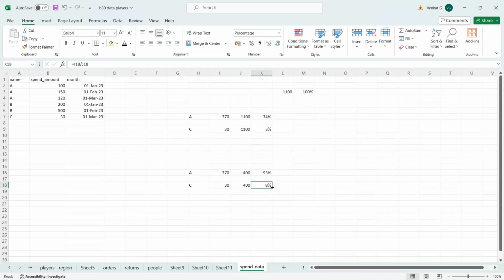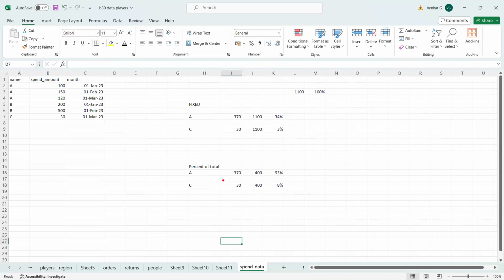So based on the requirement, we have to decide whether to go for this fixed LOD option or this percent of total option. If your user is saying that when I remove person B, I should see 370 plus 30, which is 400 only, then go for this percent of total option.